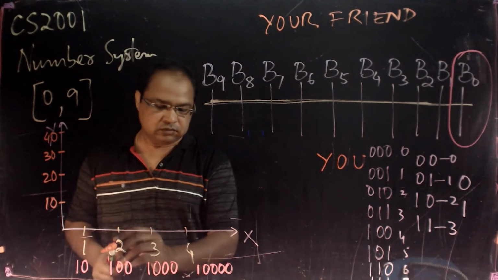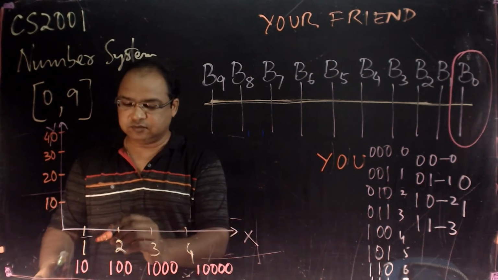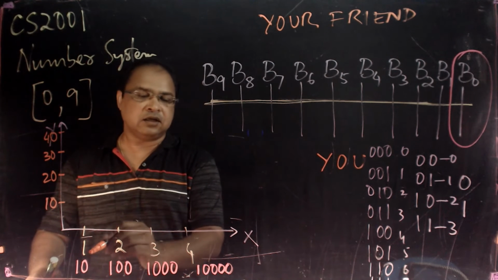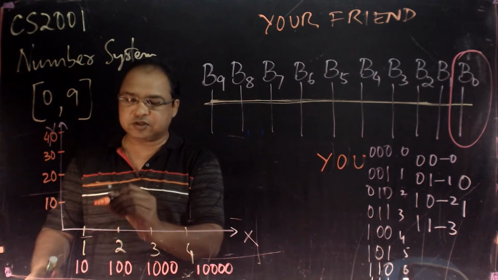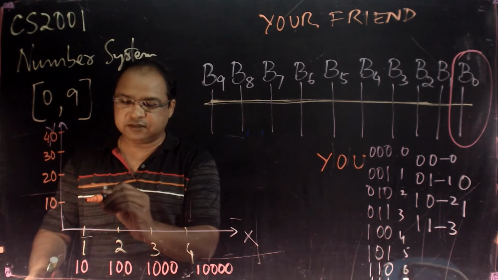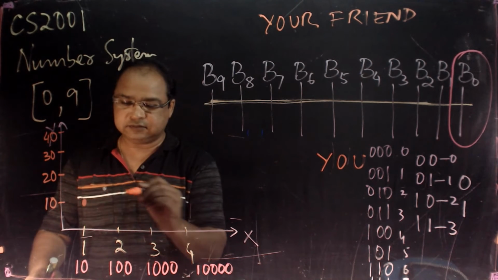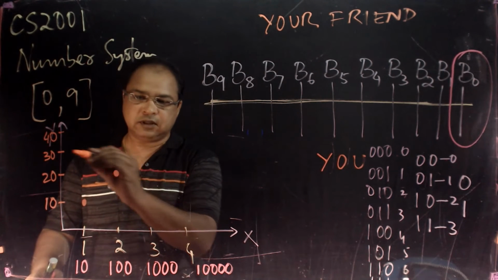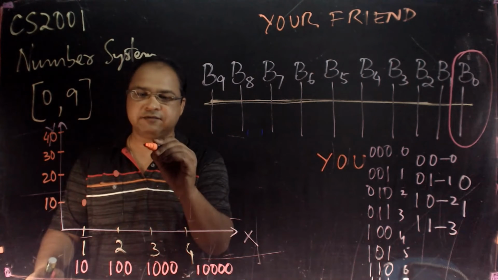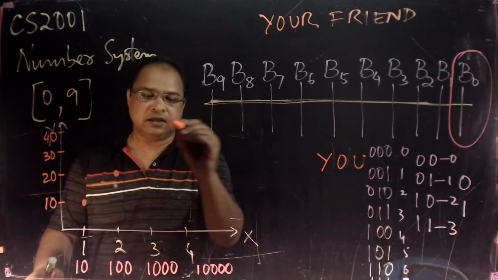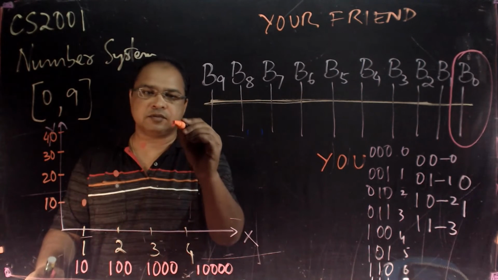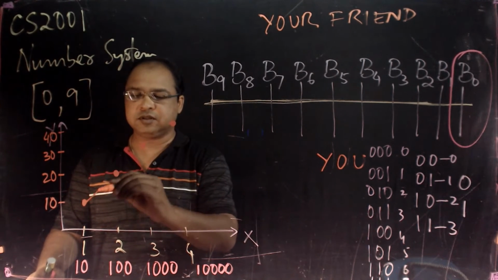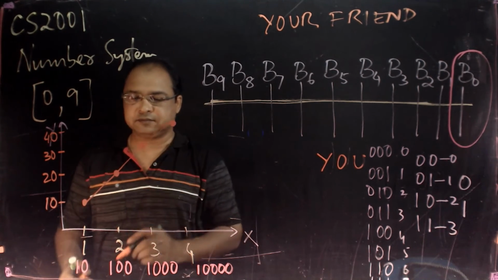So in a decimal number system, for 10 different possibilities, we have 10, here we have 20, here I require 30 different bulbs, here I require 40 different bulbs. So this is how it is increasing.